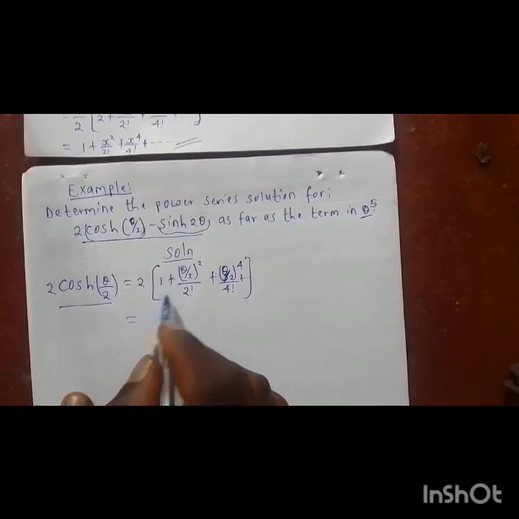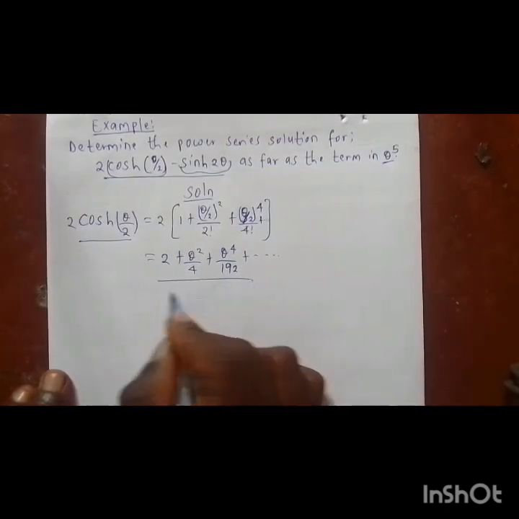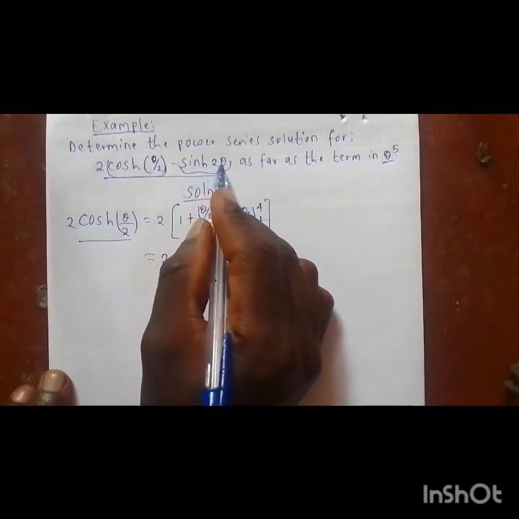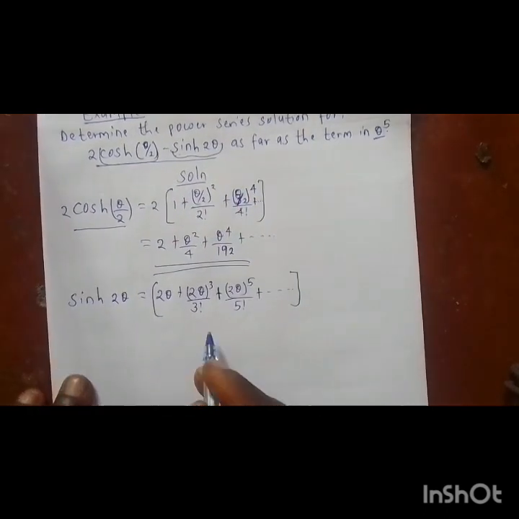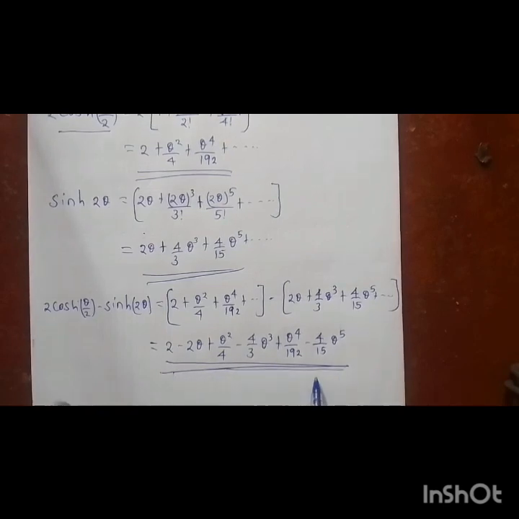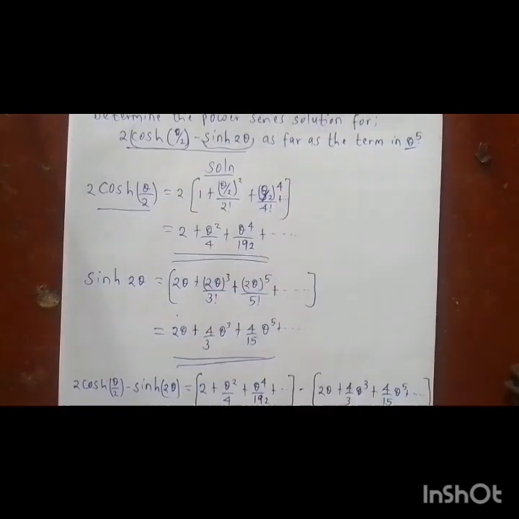By opening the brackets and solving, we have this one. And also now for hyperbolic sine of 2 theta, we have, so by simplifying this series, we obtain, so now back to our equation, we have, so this is the final expression, that is the power series solution.